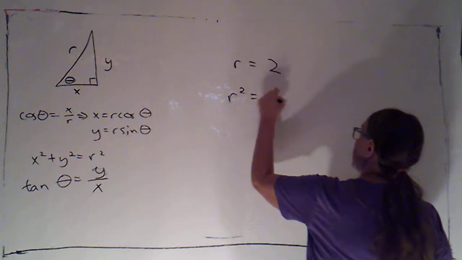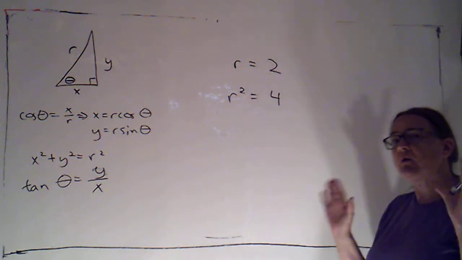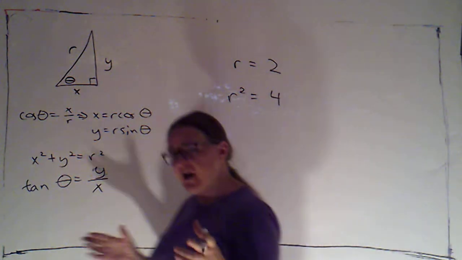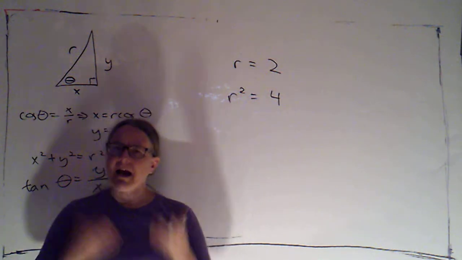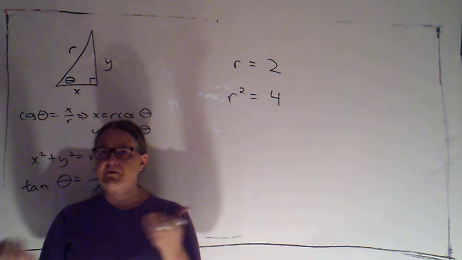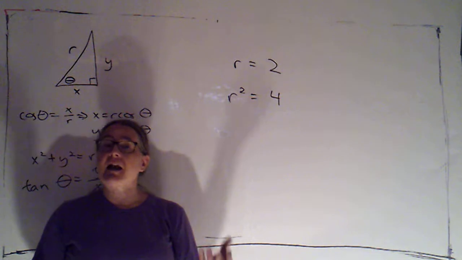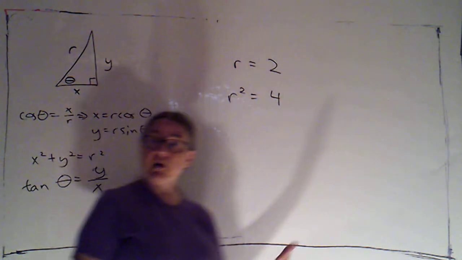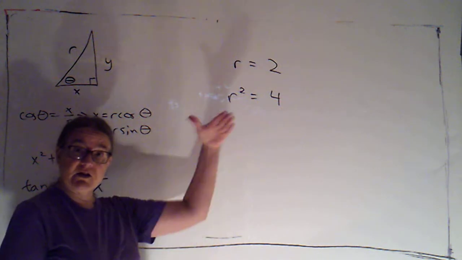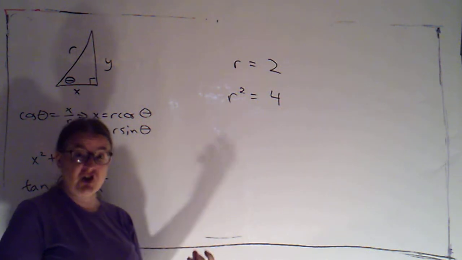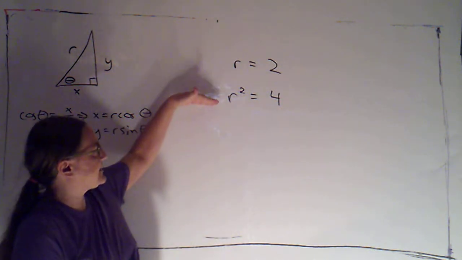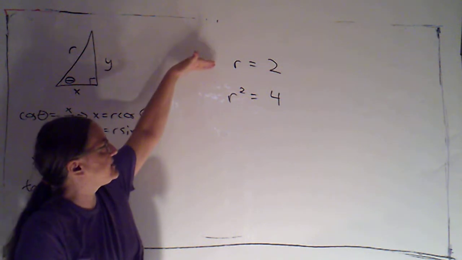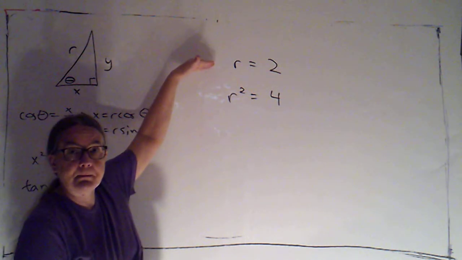So r squared equals 4. Now, in general, when I square both sides of an equation, I'm losing some information about the signs of things, and it's possible that I'm introducing extraneous solutions. We saw when we were solving trig equations and we squared both sides, it was necessary to check because we might have something that was an answer to the squared equation that wasn't an answer to the original equation.